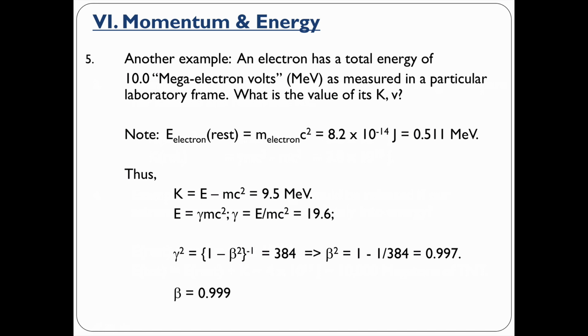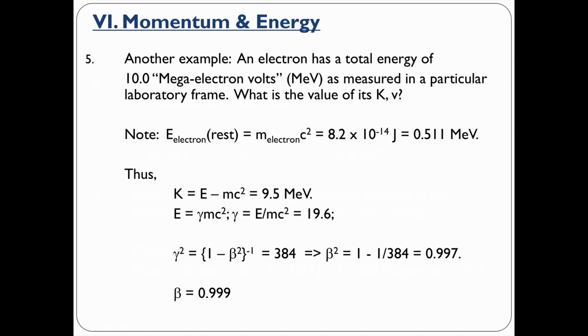In other words, if you have an electron that has an energy of 10.0 mega electron volts, its kinetic energy is 9.5 MeV. 0.5 of the total energy is due to its mass, and 9.5 of it is due to its motion. That motion means that its speed has to be 0.99 times the speed of light.